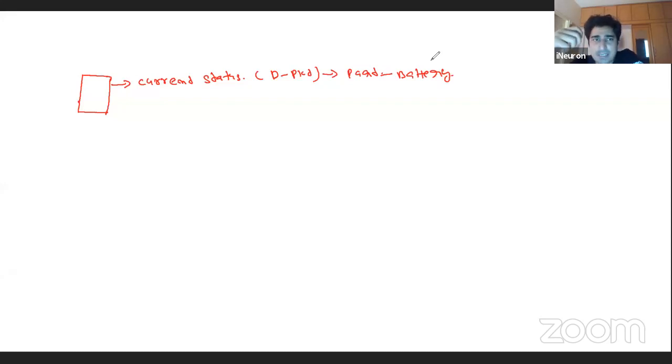So when this battery is going down, or when a particular part of my engine is going down, I will be able to predict and diagnose everything with the help of this kind of data.